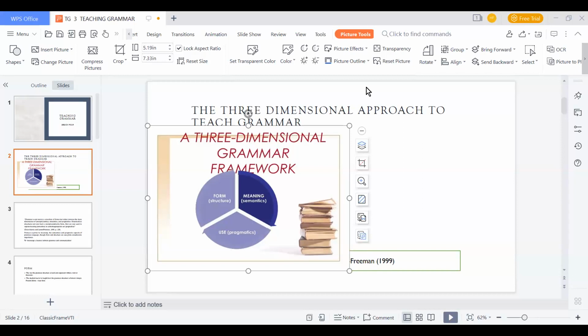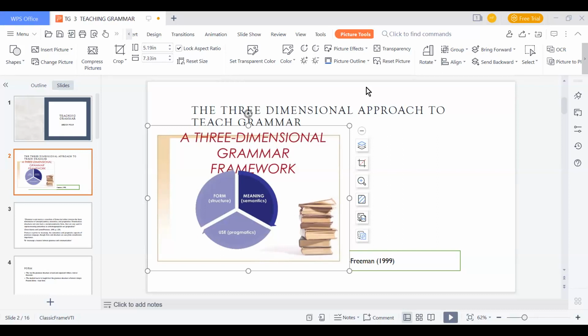So all the three components should be taught. Otherwise, grammar is useless. Grammar, for the sake of grammar, only the structure is useless. You have to teach them the use and the meaning as well. So think of your grammar lessons, because most of you all are practicing teachers.